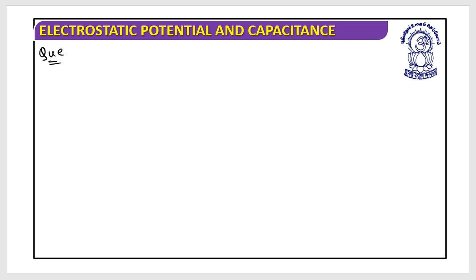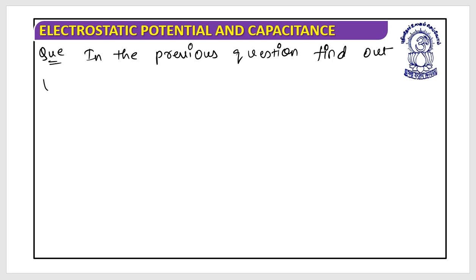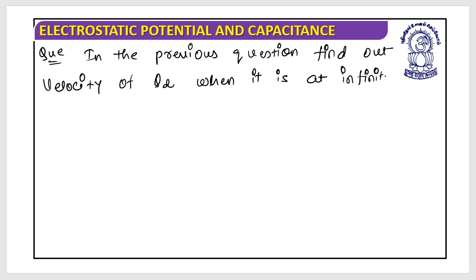So let's add something. They asked in the previous question to find out the velocity of q2 when it is at infinite distance from q1.